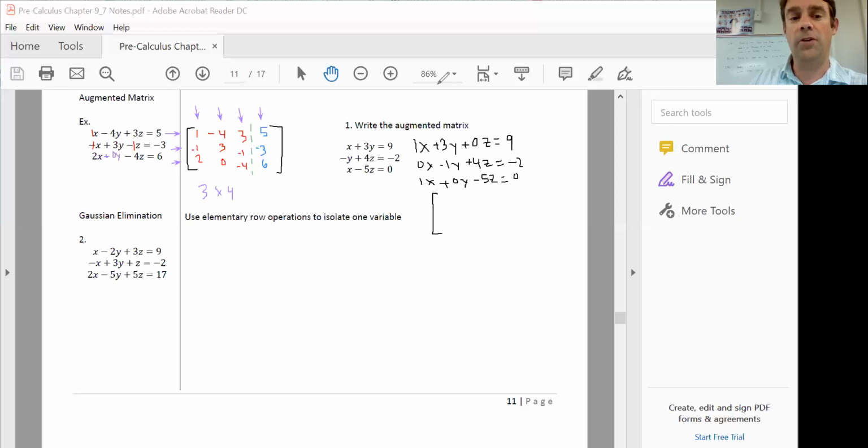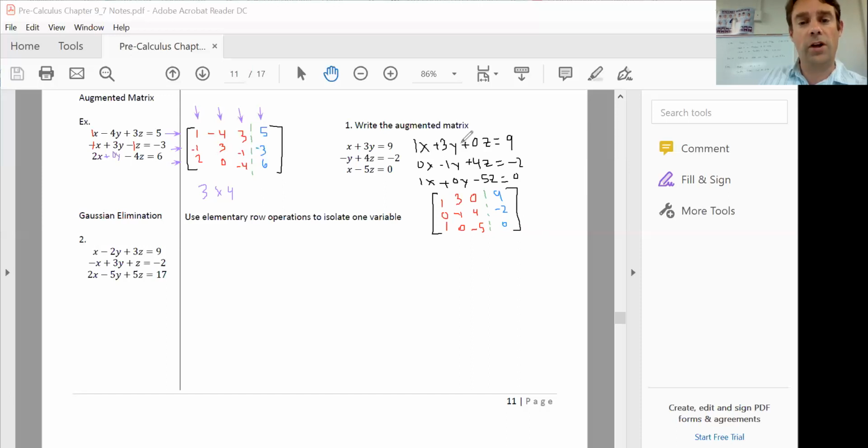Okay, so we have now all our variables, all our coefficients, and all our terms, so we can make an augmented matrix. So here we go. All the coefficients: 1, 0, 1, 3, -1, 0, 0, 4, -5, and then we're going to augment it with the solution matrix: 9, -2, and 0.